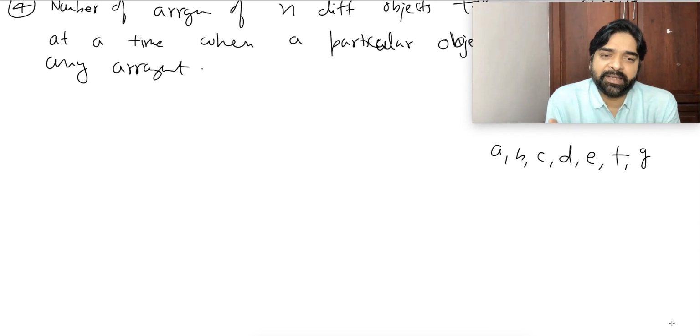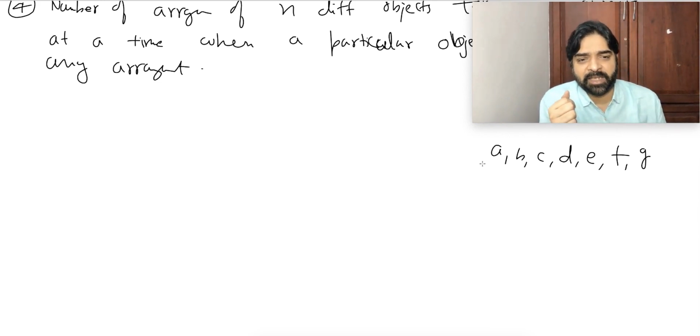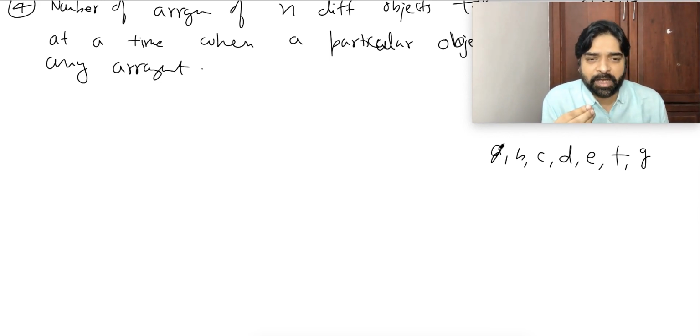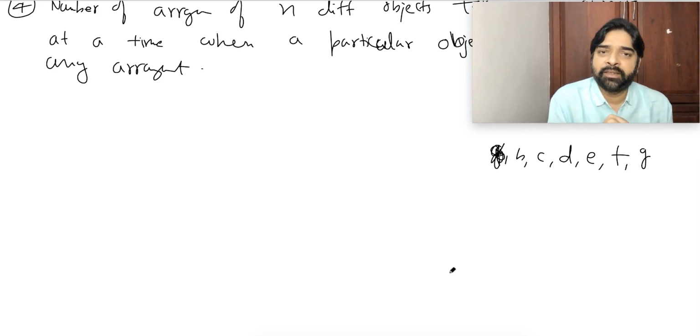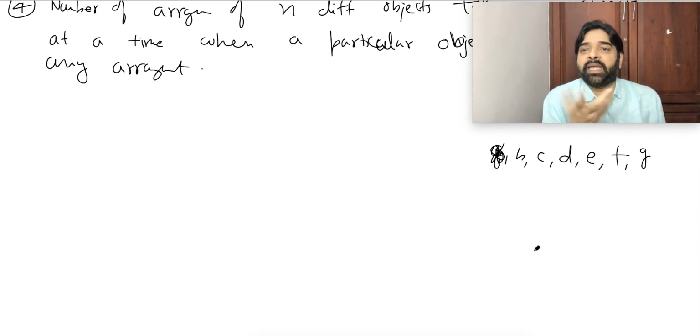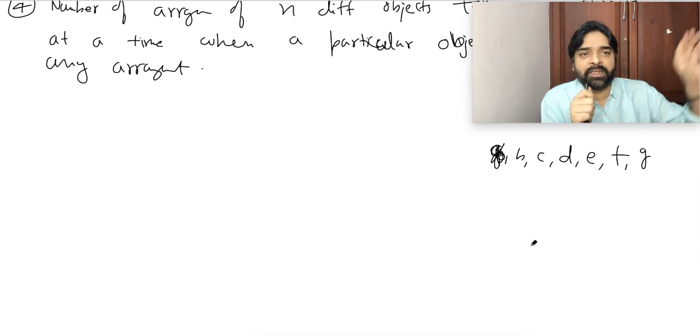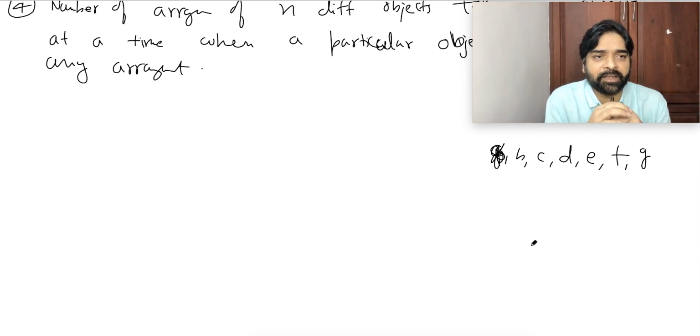You'll say A letter is not coming in any word, so remove it. Why unnecessarily are you giving it to me? Give me only this much. Why is A not coming? So why unnecessarily are you taking the letter? Throw it outside. There is no use of that object. So you'll say 6P4. I hope you understood.